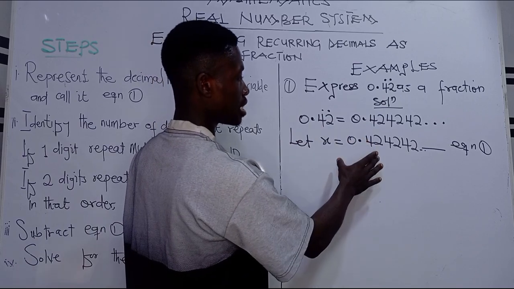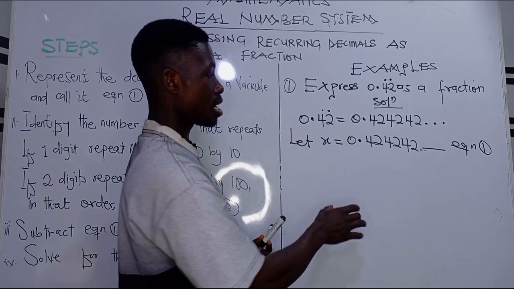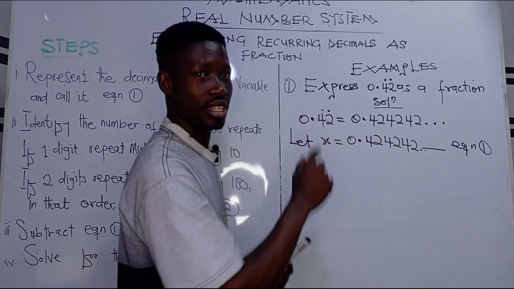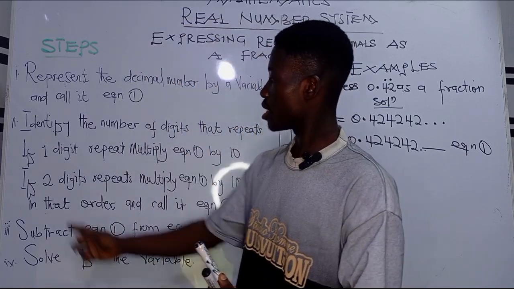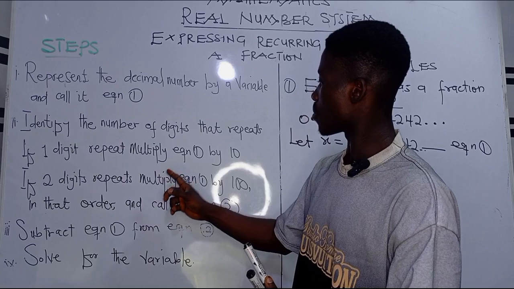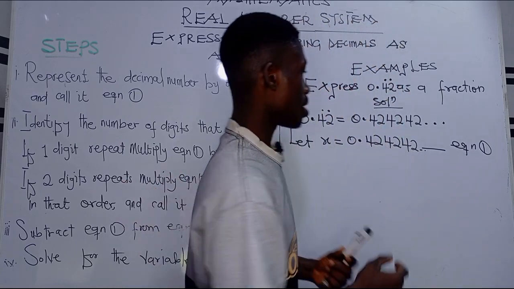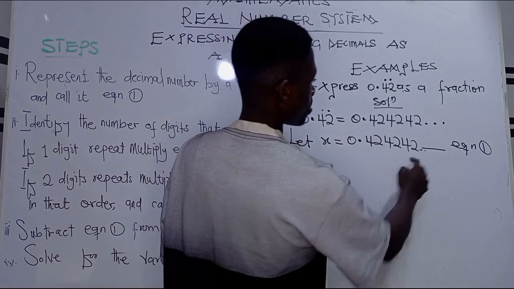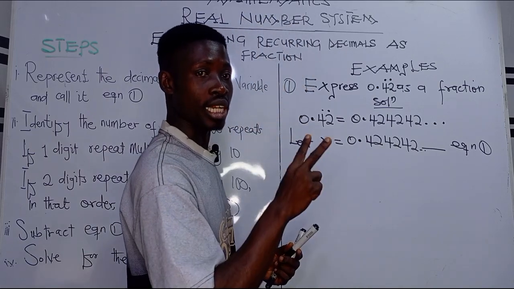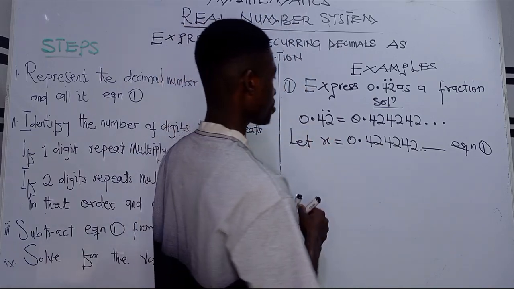So because 2 digits is repeating, we multiply equation 1 by 100 from the steps. If 2 digits repeat, multiply equation 1 by 100. So we are going to multiply this equation by 100, because 2 digits are repeating.